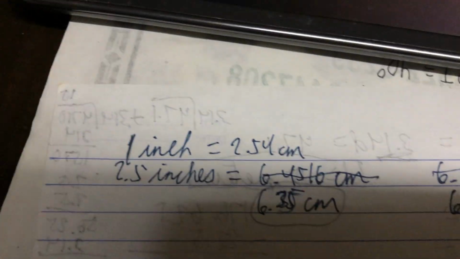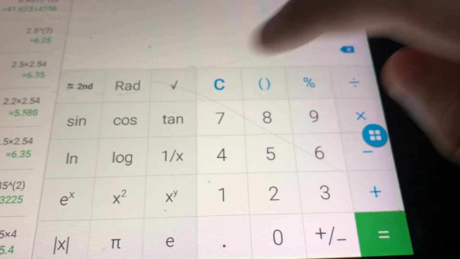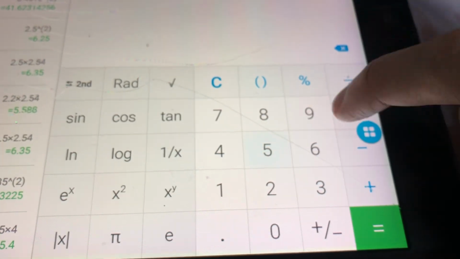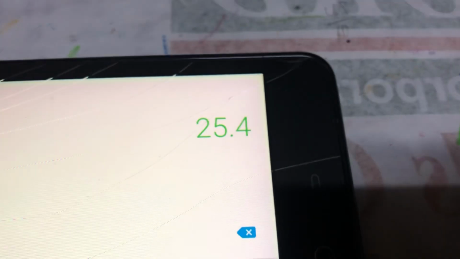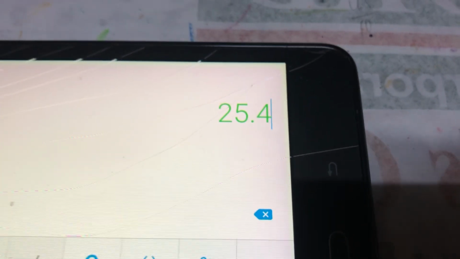But if you think we have to try, type it in the calculator, 6.35 times 4. That gives 25.4. So this is the perimeter of the square, 25.4 centimeters. Okay? That's it for the square.